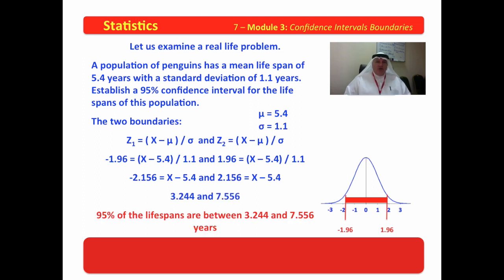And now we know that for a population of penguins with a mean lifespan of 5.4 years and a standard deviation of 1.1 years, 95% of the lifespans fall between 3.244 years and 7.556 years. Now keep in mind again, this was a confidence interval for raw data, for the lifespans, not any averages or anything else like that. We will do those later.